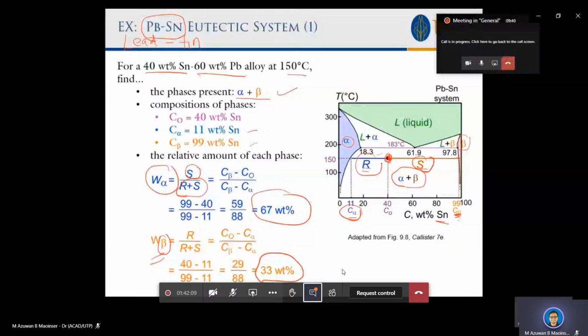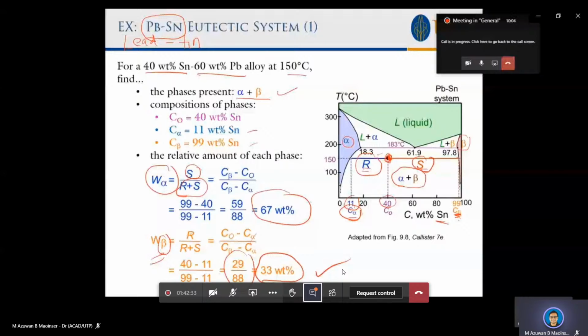You take R instead. So it's R over R plus S. What is R? The length of R is actually 40 minus 11. So 40 minus 11 divided by the total length of the tie line, 99 minus 11. That's what it is. I got 33 weight percent. Simple, right? Easy, right?